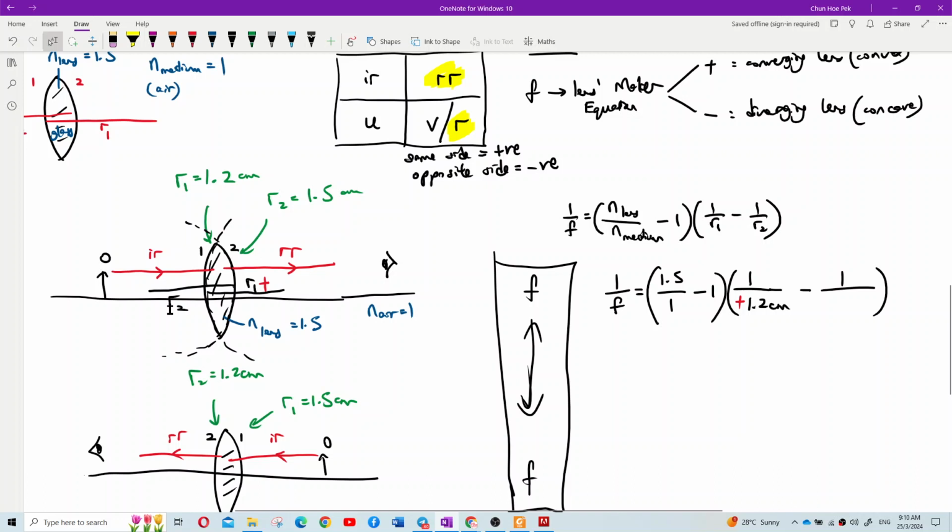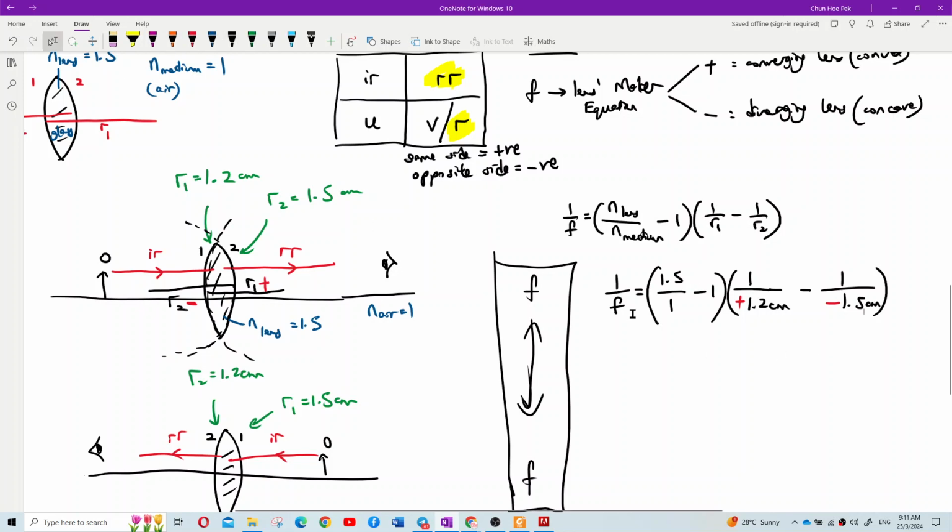So radius 2 is opposite to the reflected ray, so radius 2 is considered negative, because opposite side is negative. Radius 2 is negative, so I must put in negative 1.5.